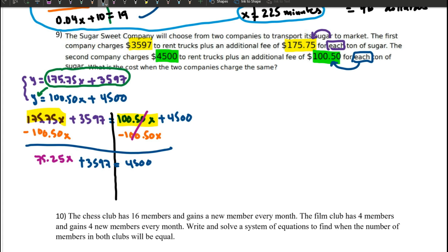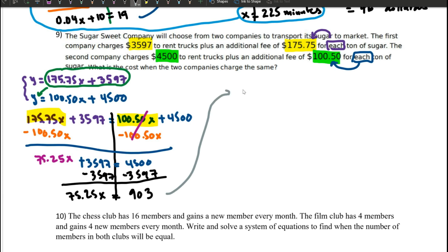So what we're going to do next is subtract the constant 3,597. We will end up with 25.75x equal to 4,500 minus 3,597, which is 903. I'm going to bring it up here. 25.75x equal to 903.